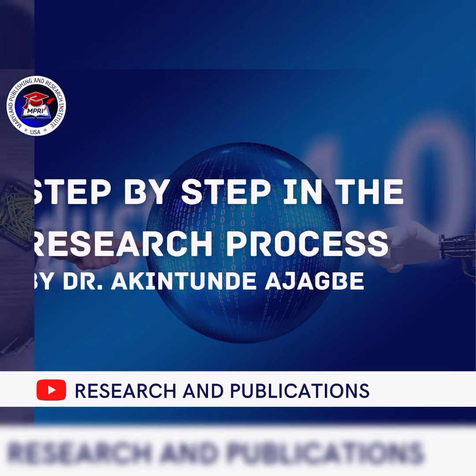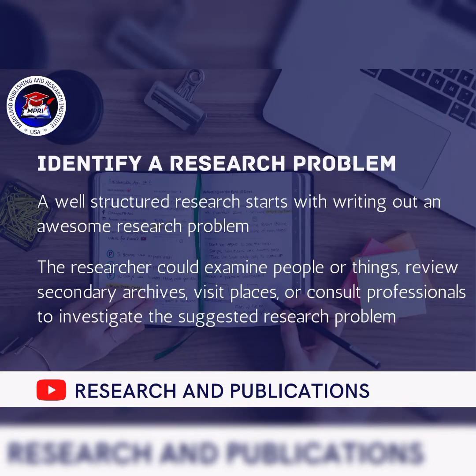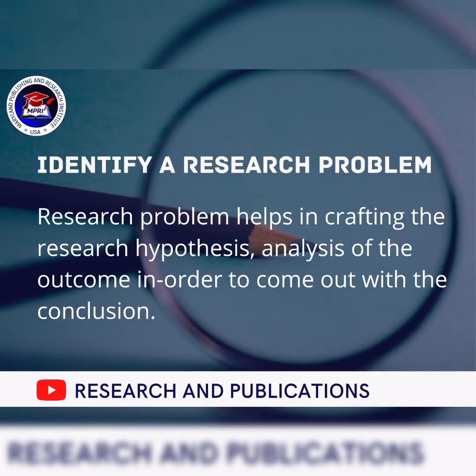Number 1, we identify a research problem. In research, a well-structured study often commences with writing out an awesome research problem. The researcher could examine people or things, review secondary archives, visit places, or consult professionals to investigate the suggested research problem.